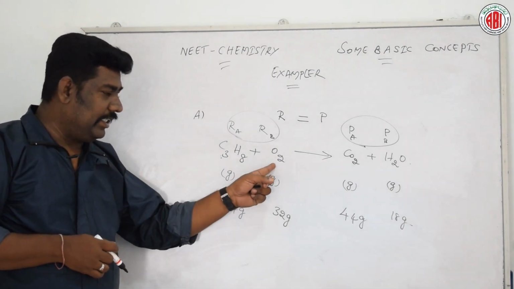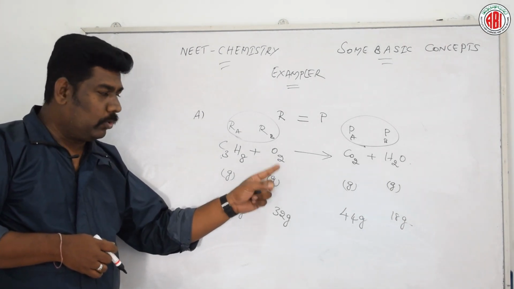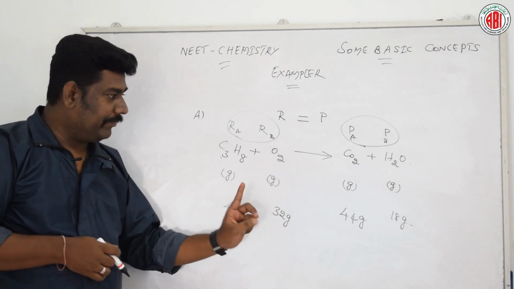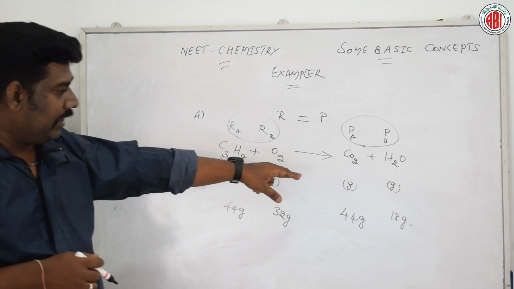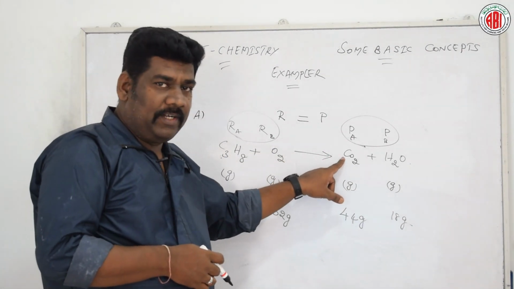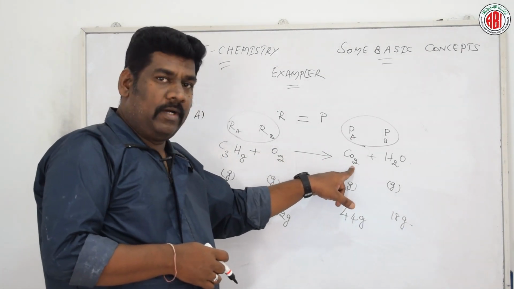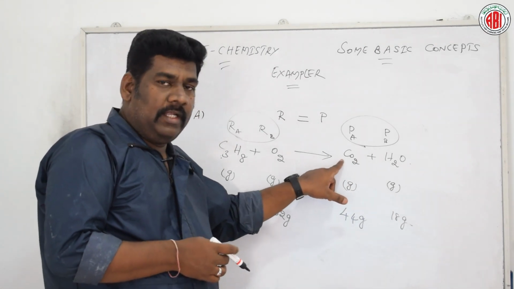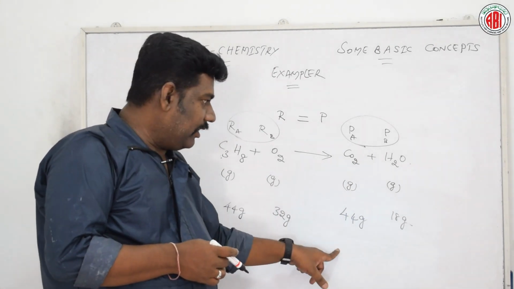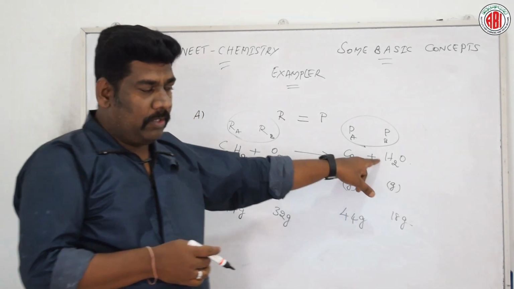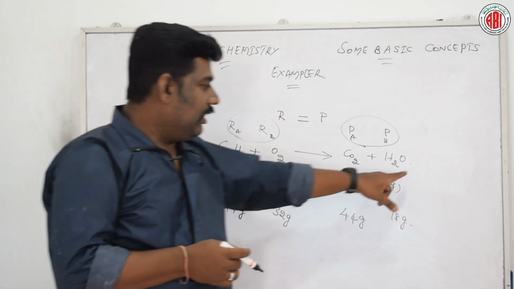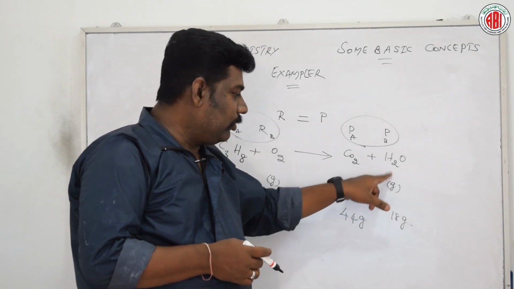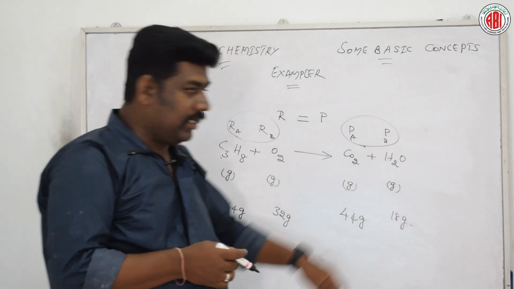Similarly, oxygen here has number of atoms 2, so 2 into 16 is 32 gram. Similarly, carbon dioxide: carbon is 1, that is 12, and oxygen 2, so 2 into 16 plus 12, 32 plus 12, 44 gram. Here hydrogen 2 and oxygen 1: oxygen is 16, plus hydrogen 2, that is 18 gram.